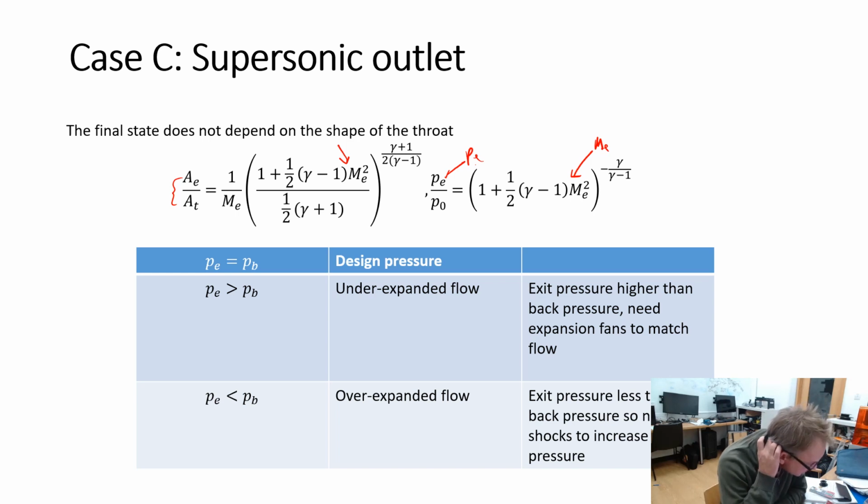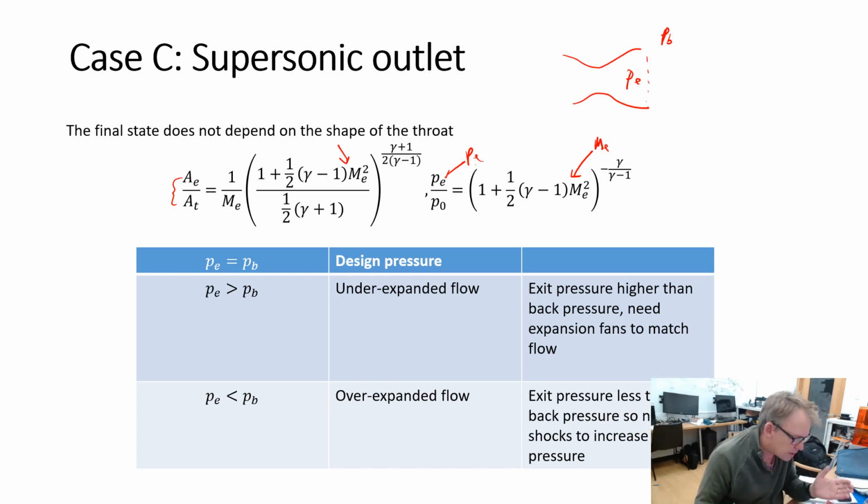So there are three kinds of conditions. There's the possibility that the back pressure and the exit pressure are the same, which is called design pressure. This is quite important for determining the presence of parasitic drag from rockets. If the exit pressure is bigger than the back pressure, it means that we haven't expanded enough.